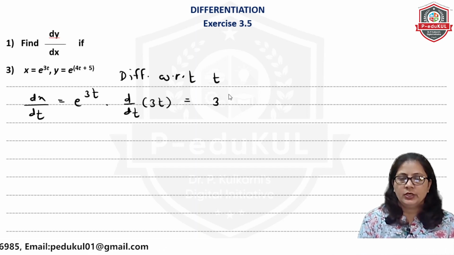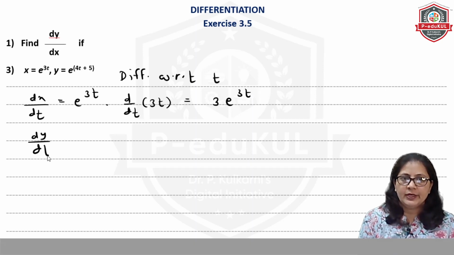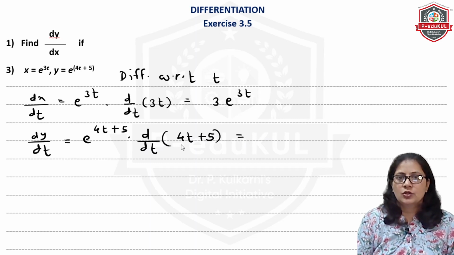So that will be 3 and then e raised to 3t. Then my dy by dt is equal to e raised to 4t plus 5 as it is, and then d by dt of 4t plus 5. Now the derivative of 4t plus 5 will be only 4, because derivative of 5 is 0. So altogether we will get 4 into e raised to 4t plus 5.